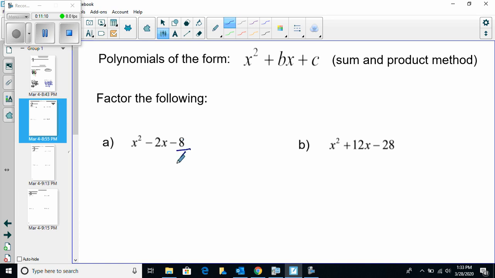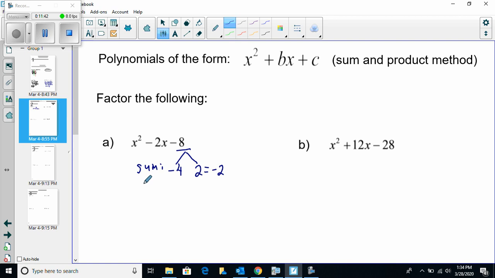So we have to look at the factors of negative 8 that when we add them together give us negative 2. And those two factors are negative 4 and 2, because the sum of the two will be equal to negative 2, which is the b term of this quadratic function.